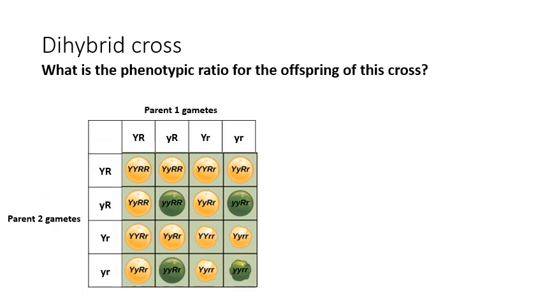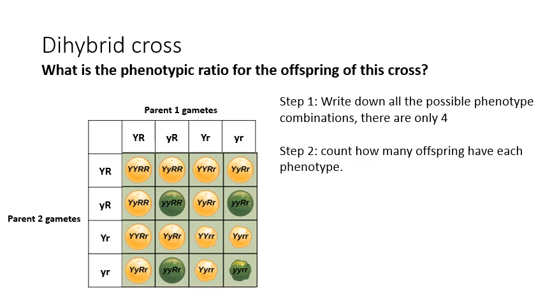Those 4 combinations in total are going to be used to represent our phenotypic ratio for this cross. So the 4 combinations that we can have is we can have a yellow smooth pea plant, a yellow wrinkled pea plant, a green smooth pea plant, or a green wrinkled pea plant.